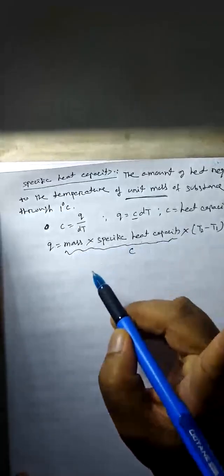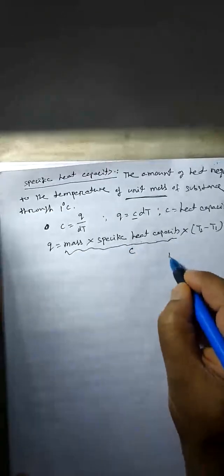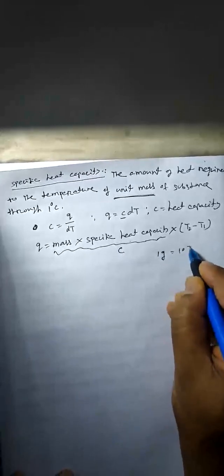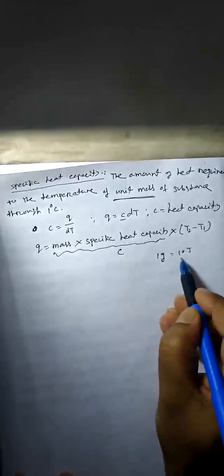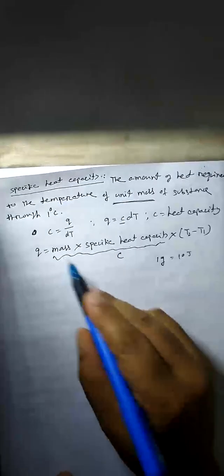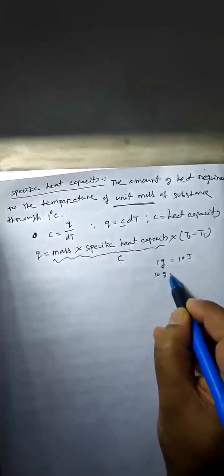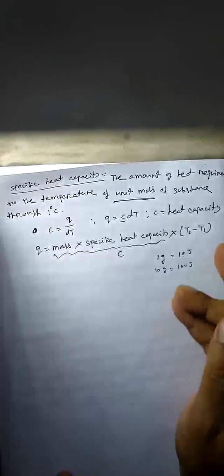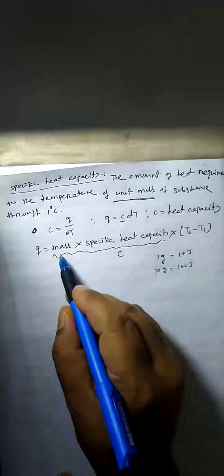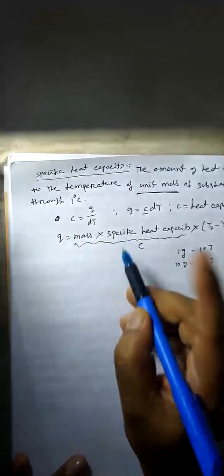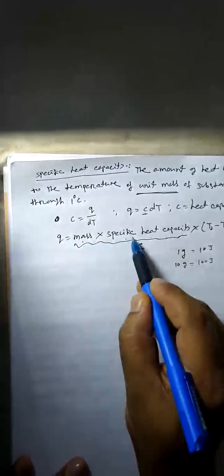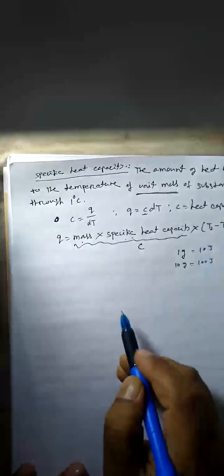Specific heat means for 1 gram. Suppose 1 gram of substance has heat capacity 10 joule. That is called specific heat capacity. Suppose you take 10 gram, it will carry 10 into 10 is equal to 100 joule. So here mass is 10 gram, specific heat is for 1 gram. Then heat capacity is mass into specific heat capacity into T2 minus T1.